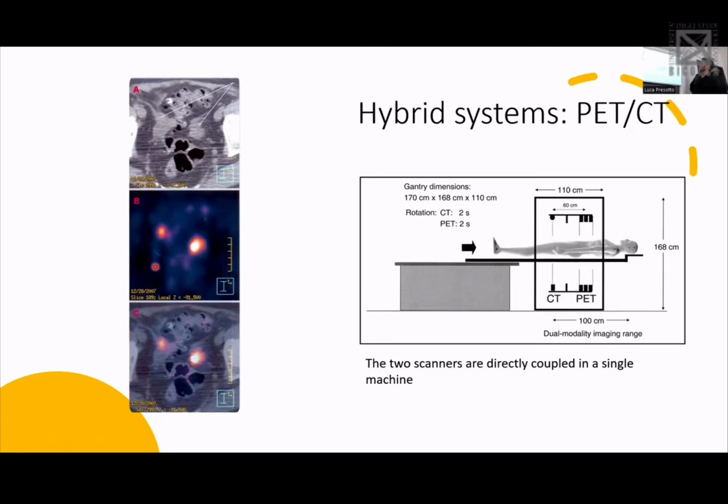That's an example of what I meant. That's the PET scan. If I tell you to try to understand what on earth this is, there's no way to know it. Okay, you're not experienced, but even if you are, you don't know what you're dealing with, especially because we are in the lower abdomen, a very complex area full of lymph nodes and organs.